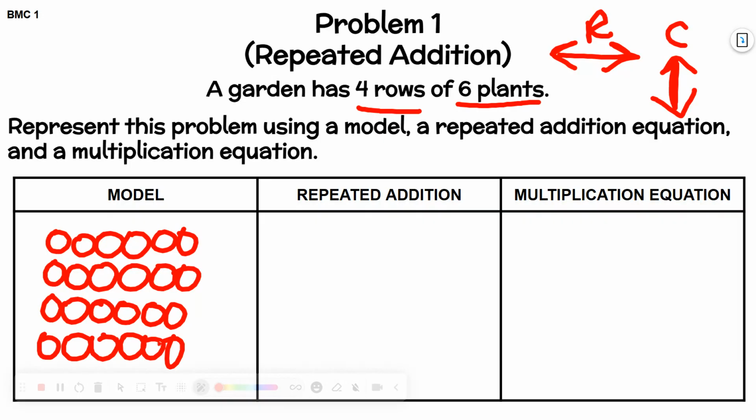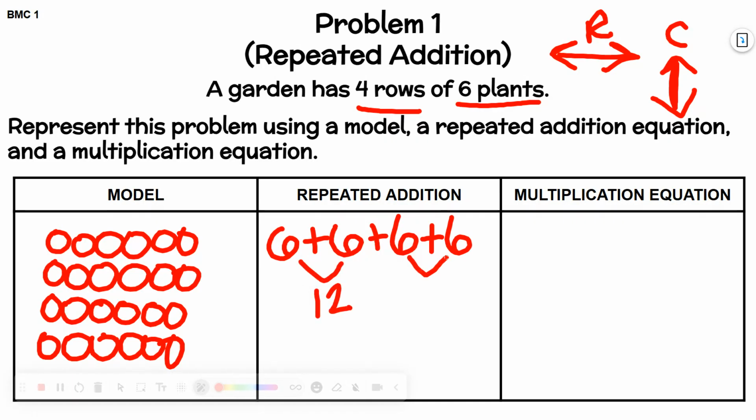So for repeat addition, if I have 6 in each row and I have 4 rows, that means I have 6 4 times. So 6 plus 6 plus 6 plus 6. And that is going to equal, when I add it all together, 6 plus 6 is 12. Add another 6 plus 6. So then 12 plus 12, that would equal 30, not 30. Oh, lordy.